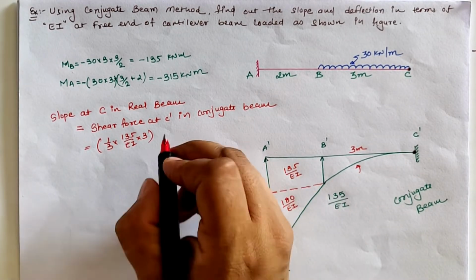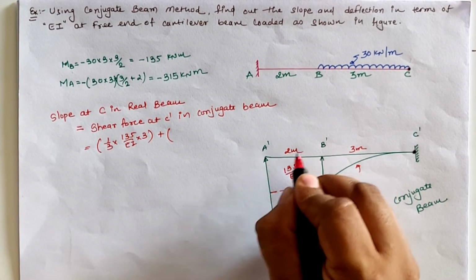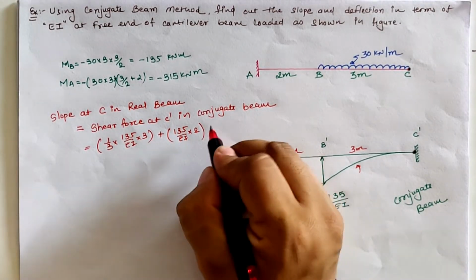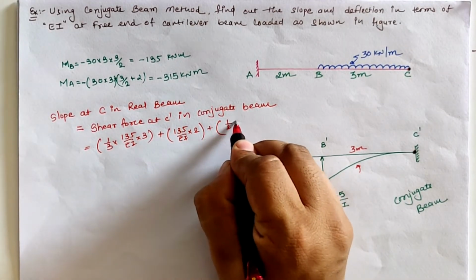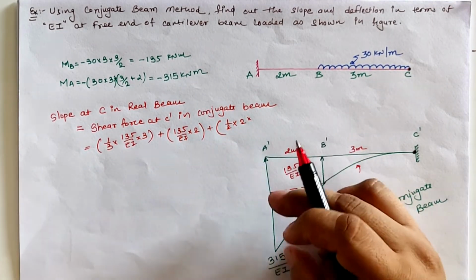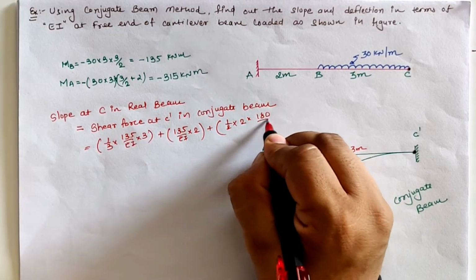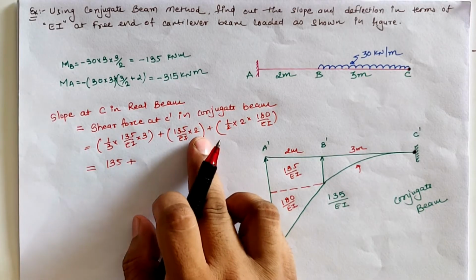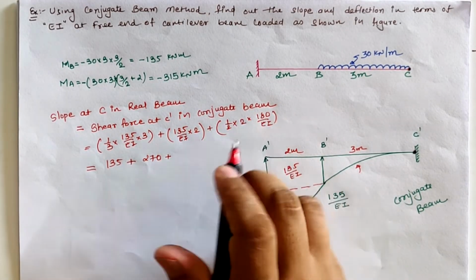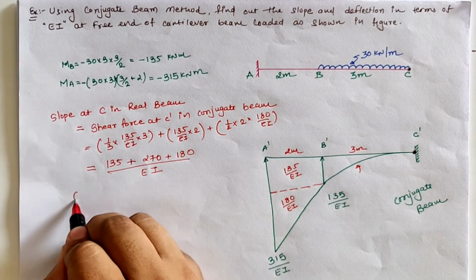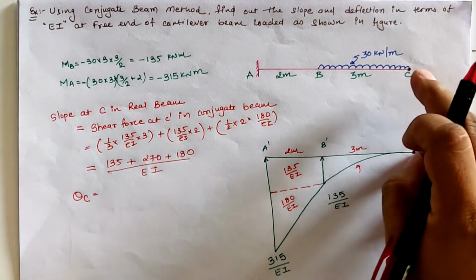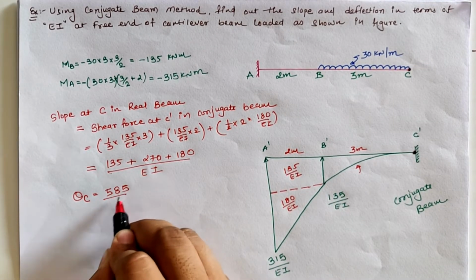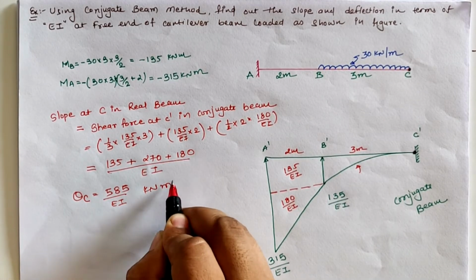For the first part it is 2 meters, so the total load is 135 by EI into 2, and for this triangular loading the total load is 1/2 into 2 meter as the distance, and the rate of loading is 180 by EI. And the slope at the free end of the actual beam is 585 by EI in terms of kilonewton meter square.